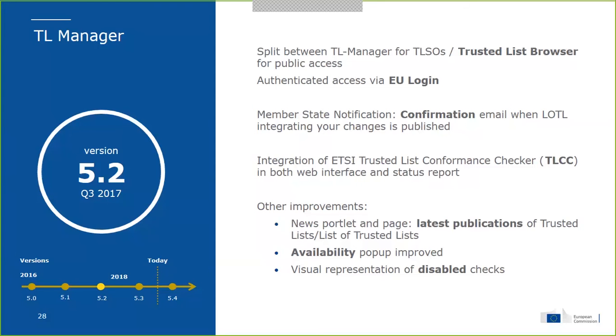So if you filter on your country, you will see all the detected publications of Trusted List for your country from the start, from where we started collecting this history. So this can be very interesting to be sure that there is no ambiguity between you and us.